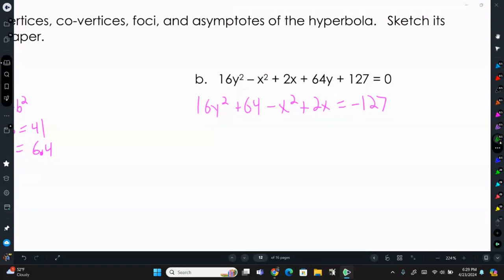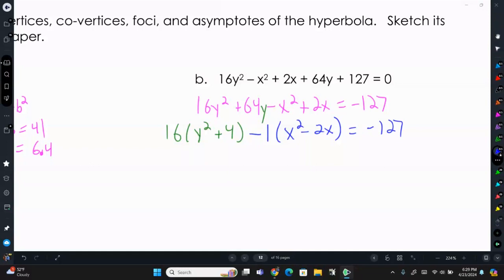So from the first two, this is 64y, we can factor out a 16, and we're left with y squared plus 4. Now with the x, we have to factor out a negative 1, because that will make sure that negative sign stays in between them and not just paired with that x squared.